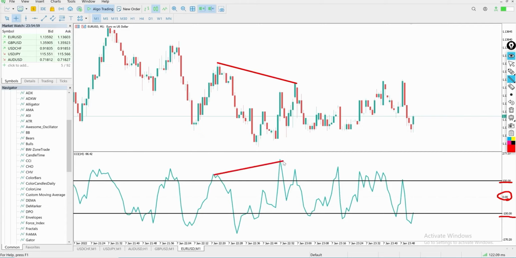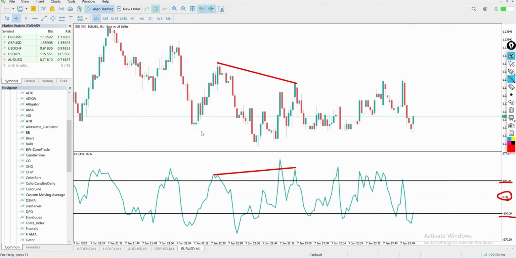But if we look at the same area on the CCI chart and connect these points, we see that it's forming a higher high. So this is an example of a divergence, and it's very easy to spot using the CCI. The shape and form of the CCI are quite similar to the RSI, with just a few differences.